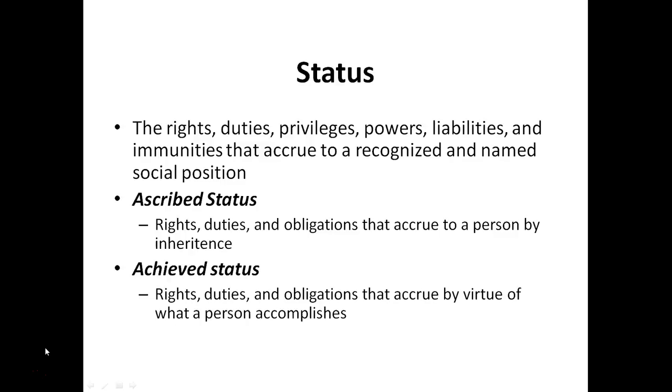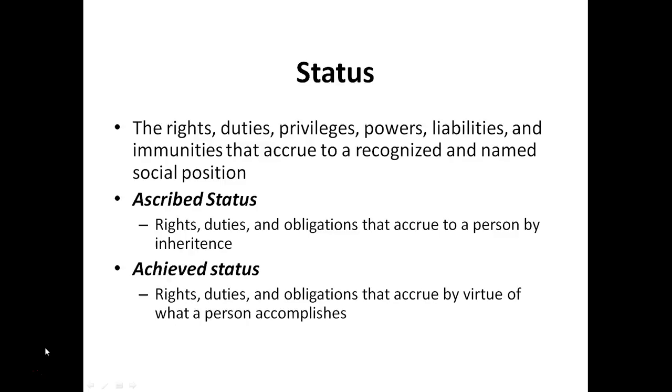Status refers to the rights, duties, privileges, powers, liabilities, and immunities that accrue to recognized and named social positions. And these recognized and named social positions range from the small-scale things like father and mother to the more large-scale roles of kings or emperors.